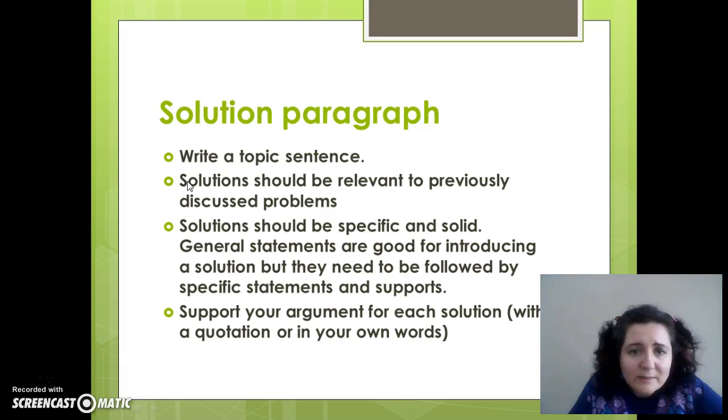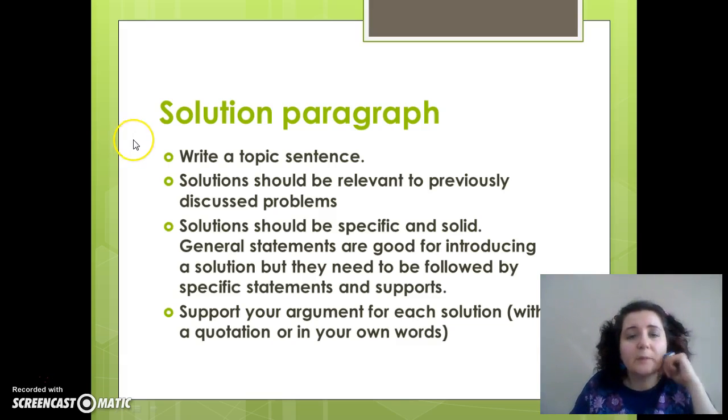Write a topic sentence. Make sure that the solutions are relevant to the problems you have discussed. Be specific and solid when you're coming up with solutions, and support your arguments for each solution in your own words or by referring to another text.